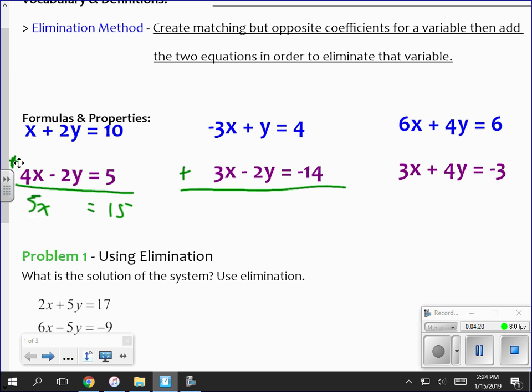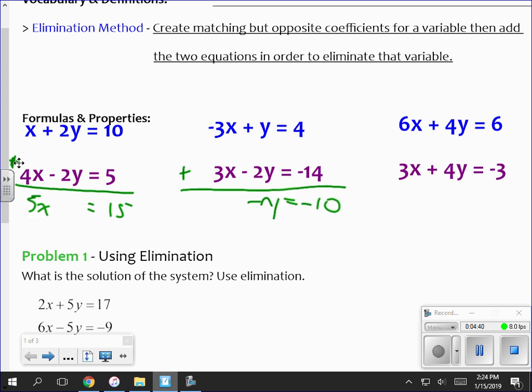The x's are gone. y plus negative 2y gives me negative 1y equals 4 plus negative 14 is negative 10. I've eliminated the x's. Makes it really easy.